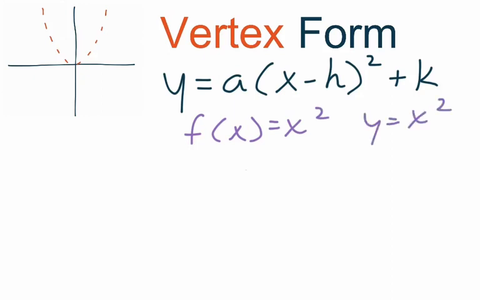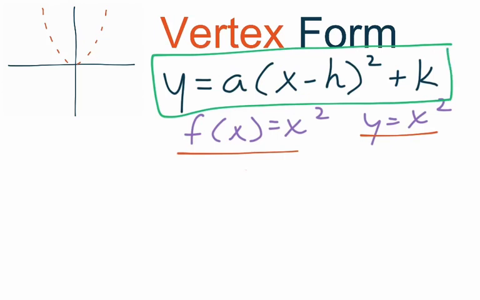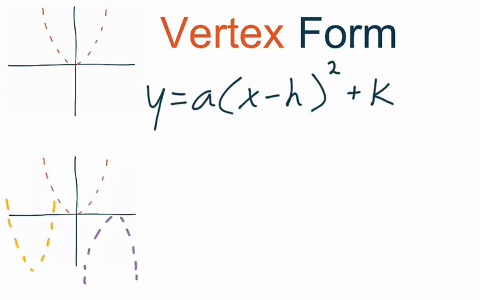That is the parent function, the starting point. But if we want to translate this into vertex form, we're going to use this. This is vertex form for translations. And what that allows is that the parabola can start moving on the grid. It could look like something like this if you look at the examples at the bottom.